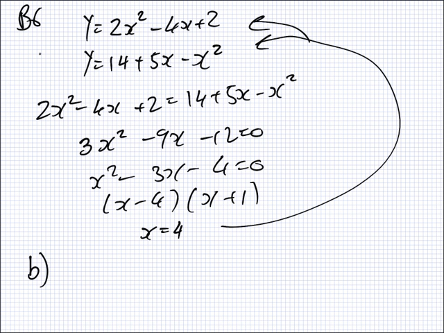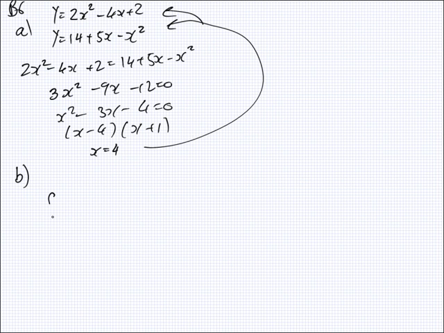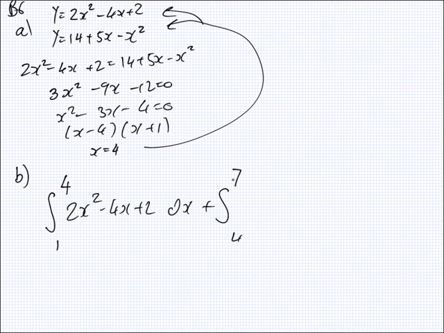B, find the area. Right, the area would be, you integrate from 1 to 4, 2x squared minus 4x plus 2 dx, and then you integrate from 4 to 7, the other one, which is 14 plus 5x minus x squared dx.